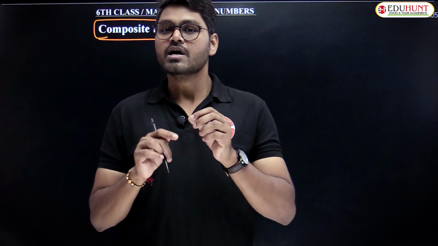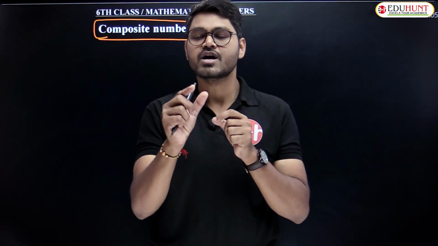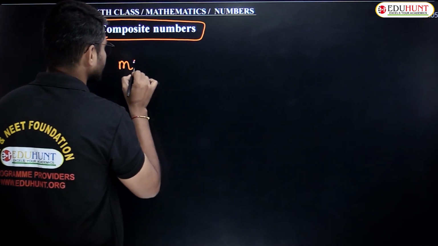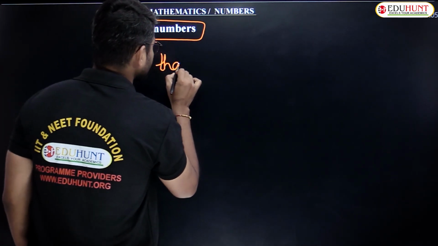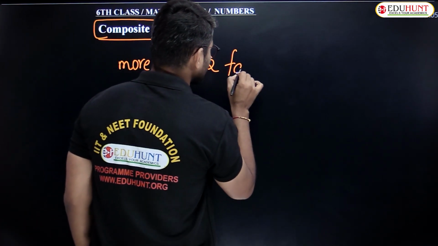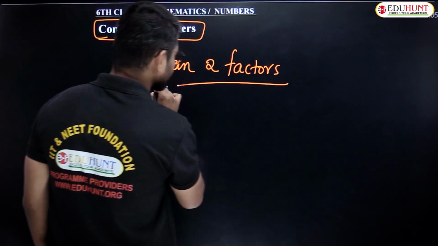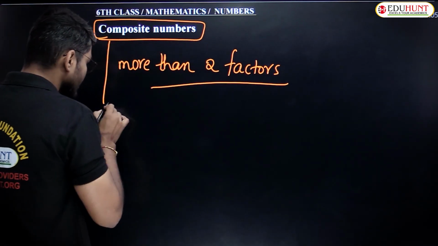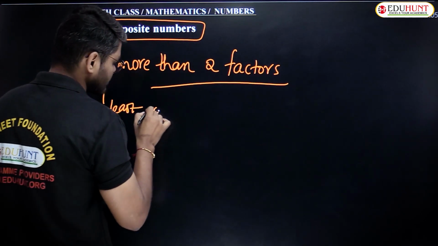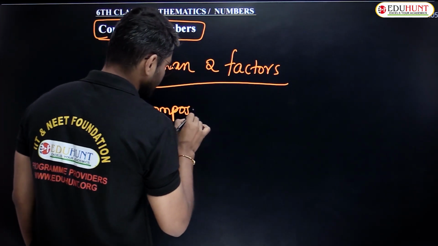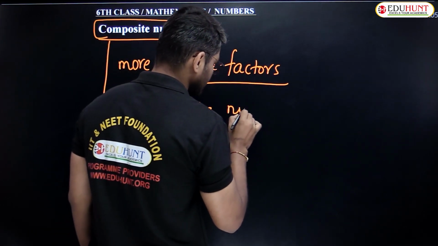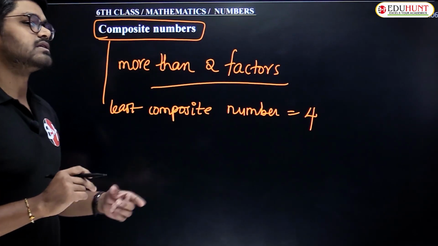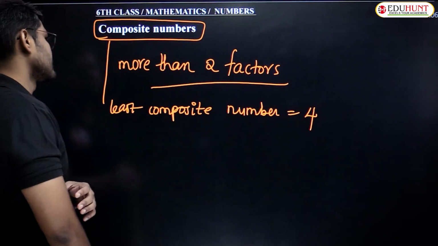Composite numbers have more than 2 factors. The least composite number is 4.